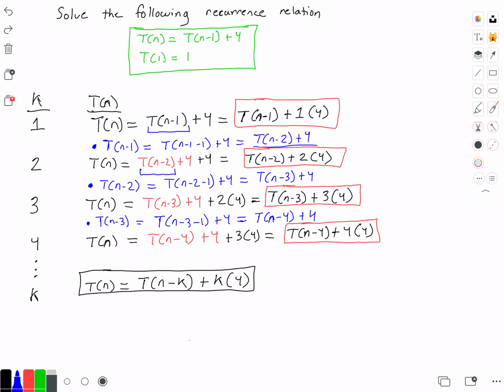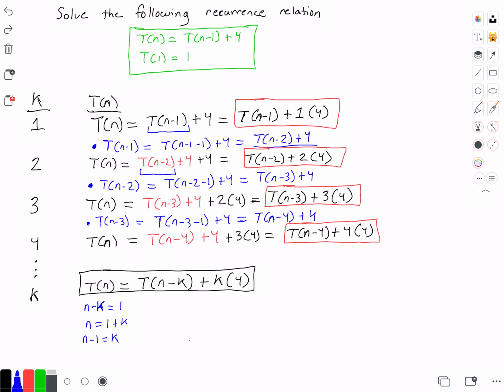So we need to set n minus k equal to 1. All right. So that just means that n is equal to 1 plus k, and n minus 1 is equal to k.